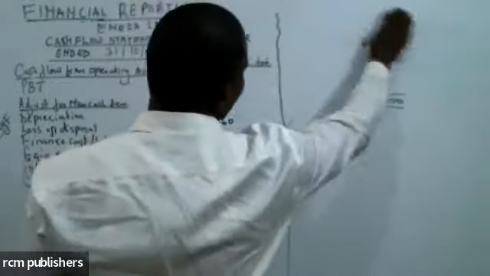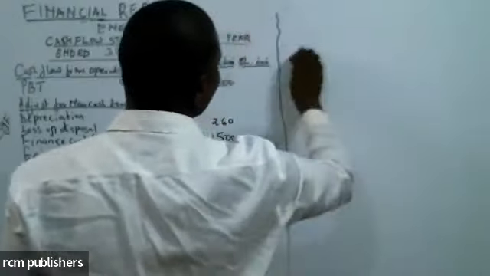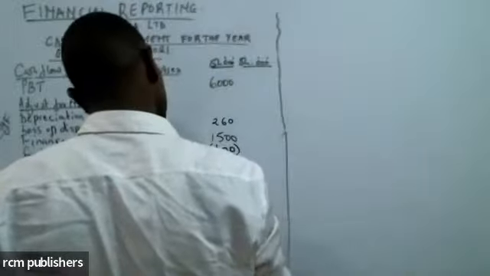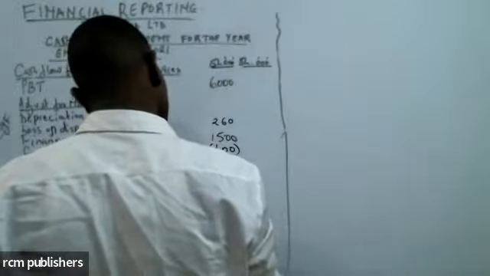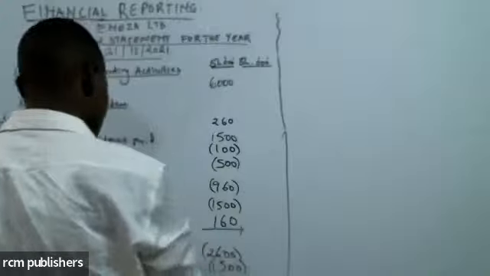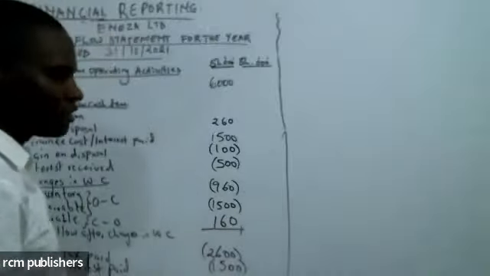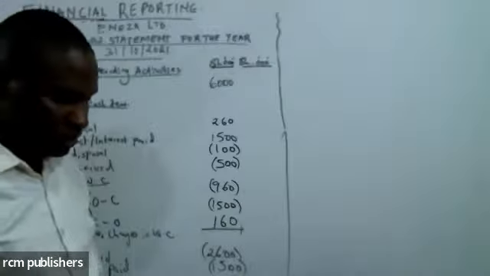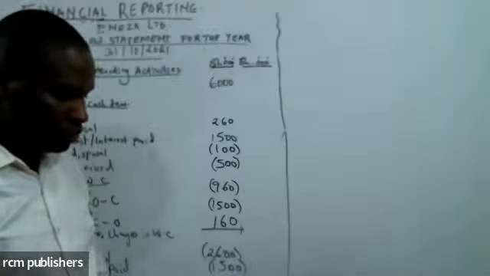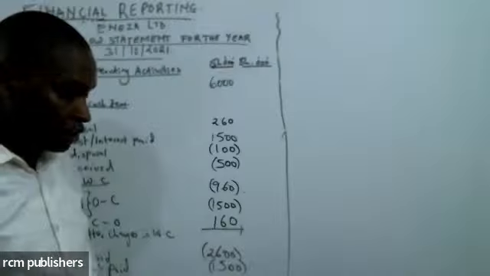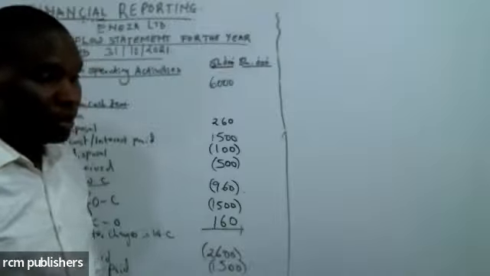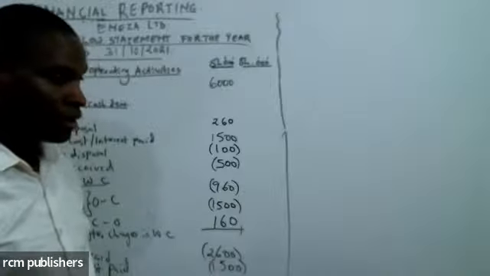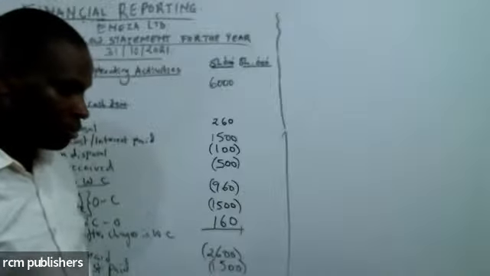Let's move to the next part. Let's compute our depreciation so that we finish up this part. Once we are through with this part, it will be okay. So, depreciation, I expect to get from the PPE section.